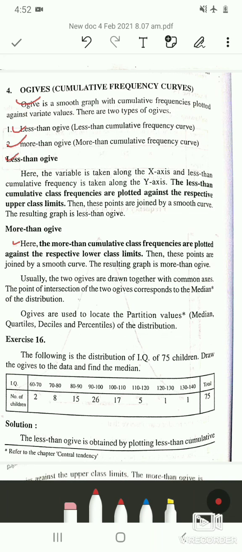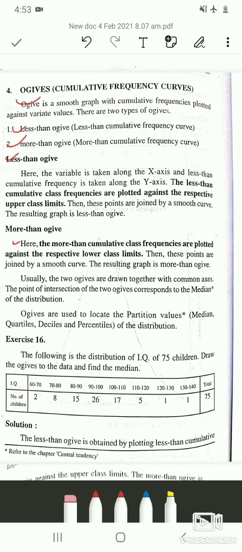The point of intersection of the two ogives corresponds to the median of the distribution. Ogives are used to locate partition values, that is median, quartiles, deciles and percentiles of the distribution. So we can find the mode using a histogram, and we can find the median, quartiles, deciles and percentiles using ogives.